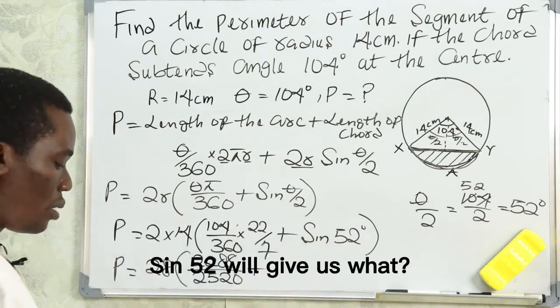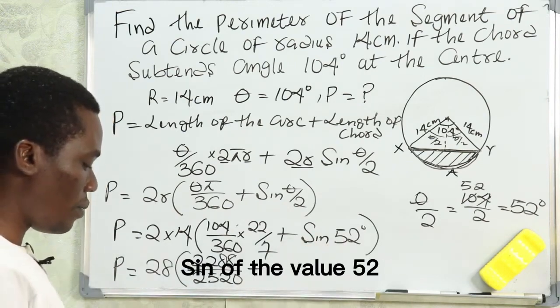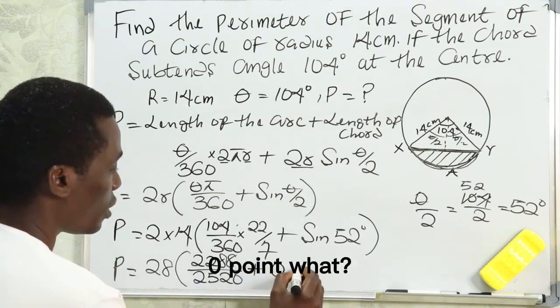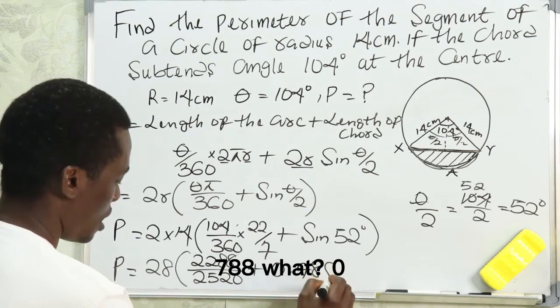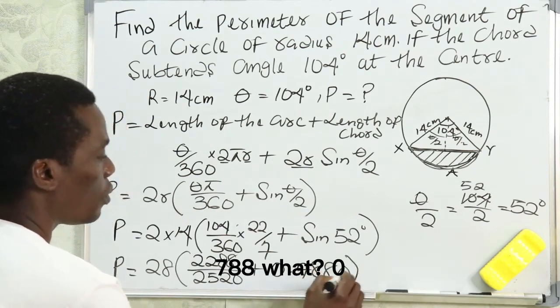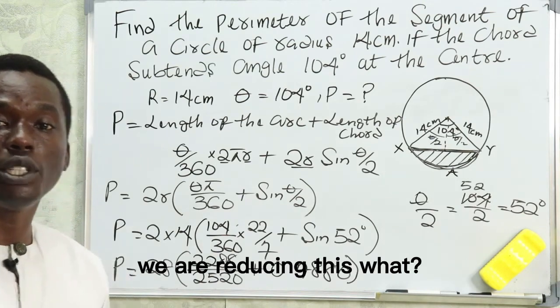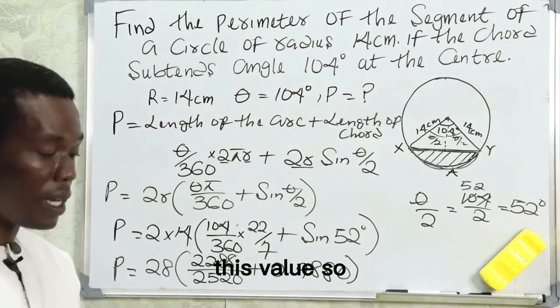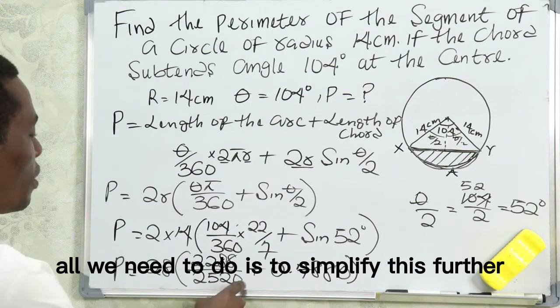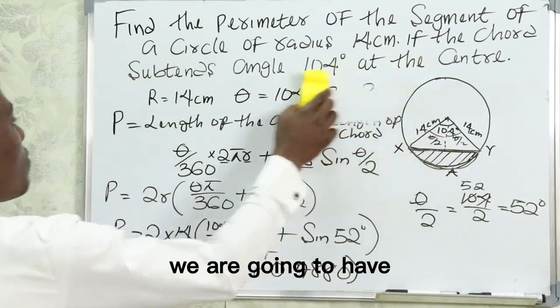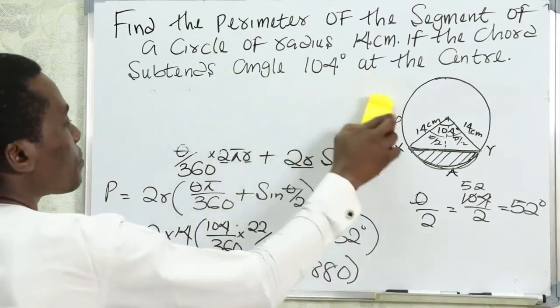Sine of the value 52 will be equal to 0.788. So gradually we are reducing this value.